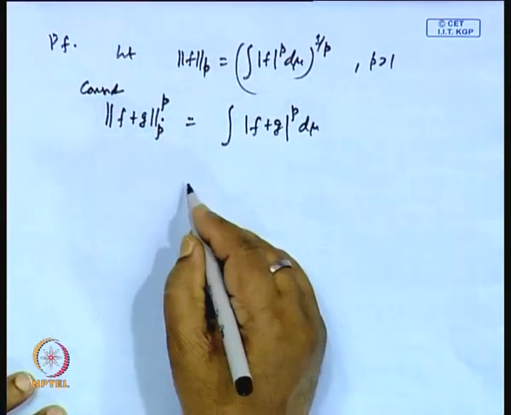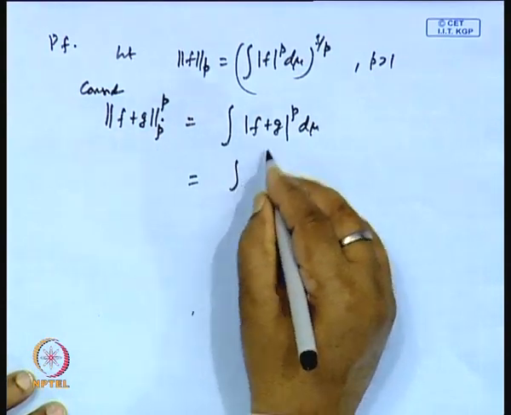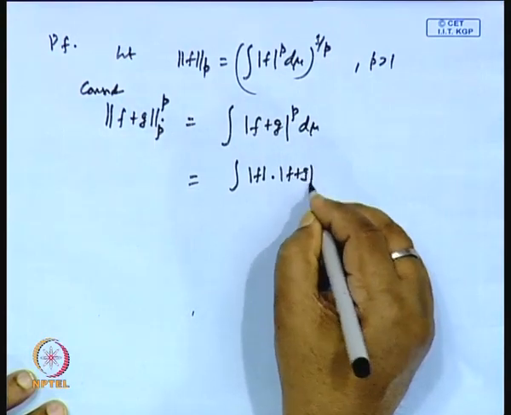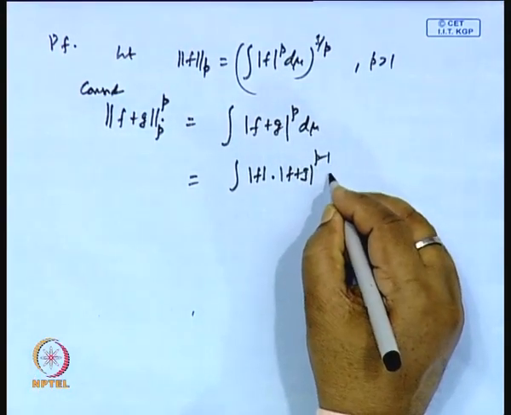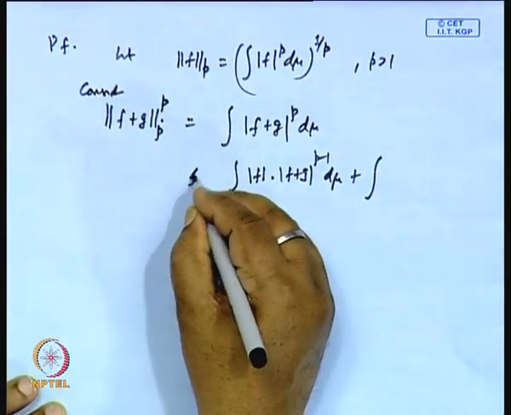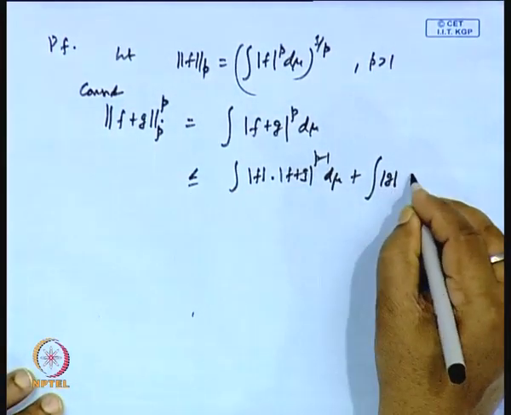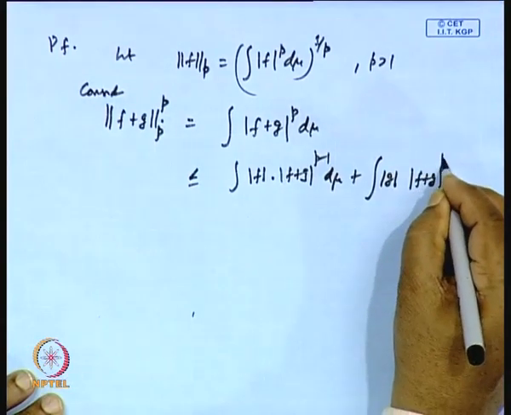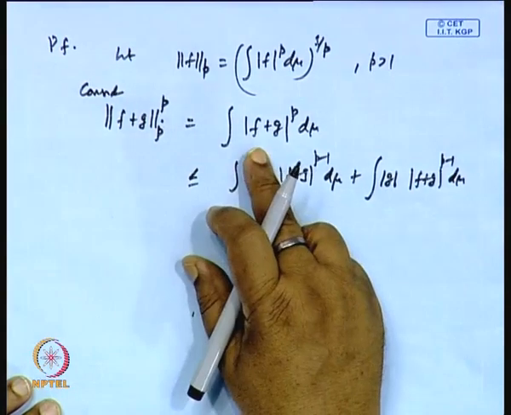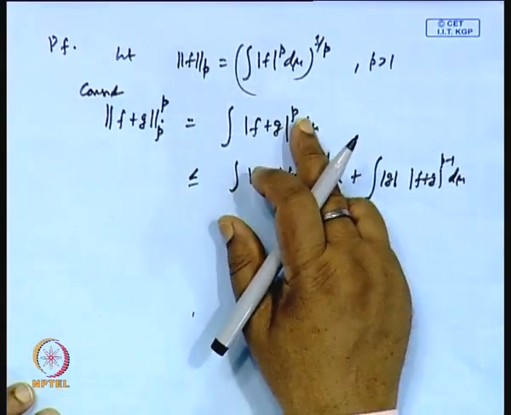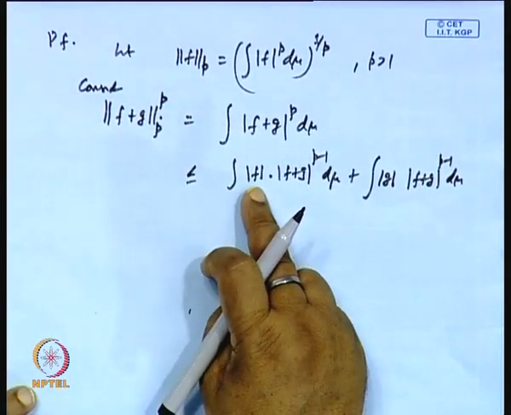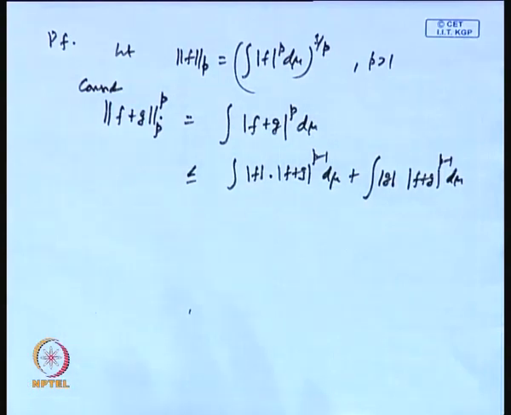Now, this can be broken up into two parts: integral mod f into mod f plus g power p minus 1 d mu plus integral mod g into mod f plus g power p minus 1 d mu. Okay. Because this can be written as mod f plus g into mod f plus g power p minus 1, and then applying the triangular inequality, we get less than or equal to mod f plus mod g, and break up like this.